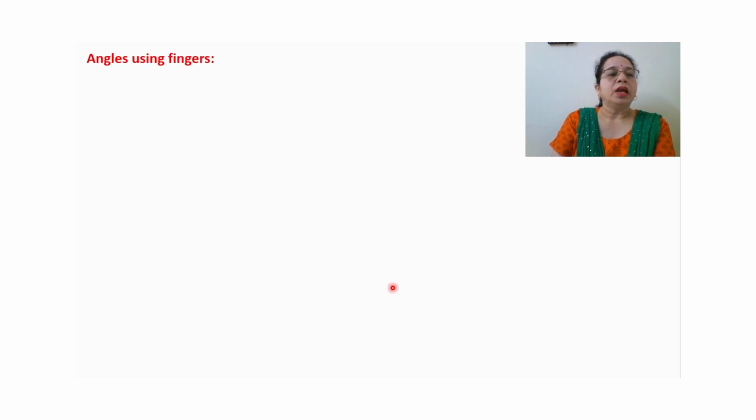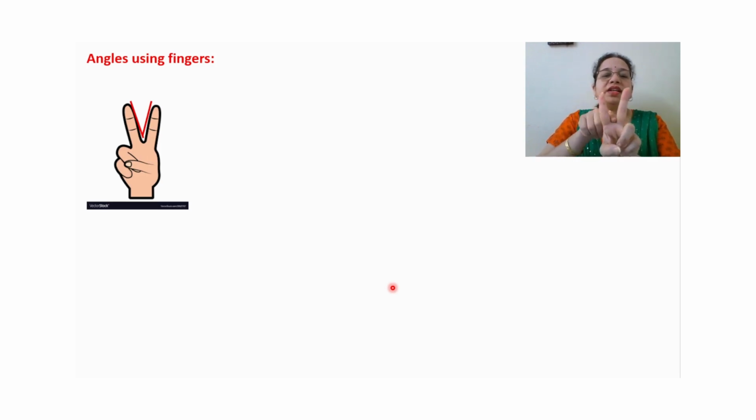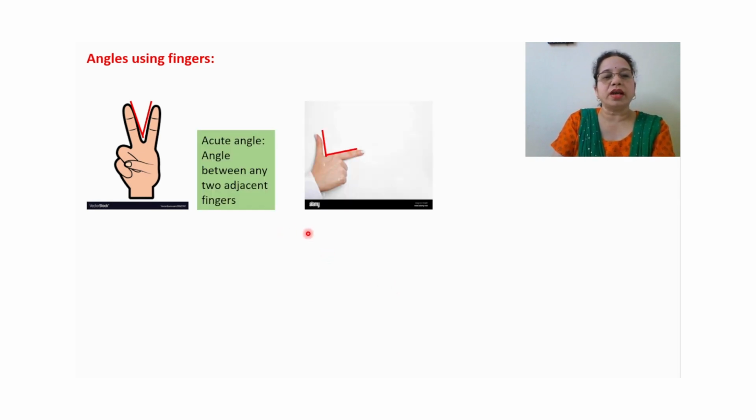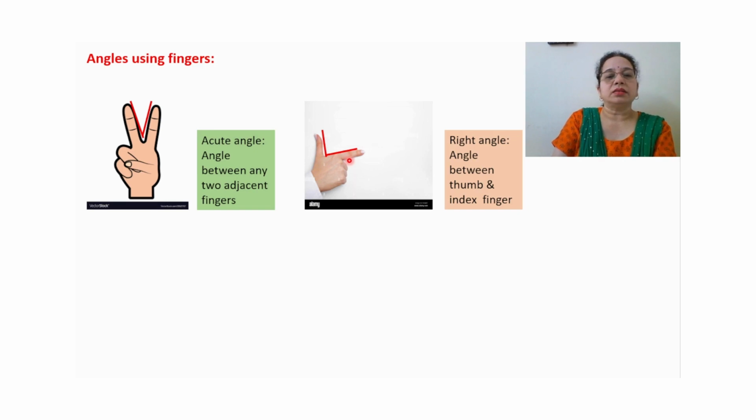Angles using fingers, this is again a very important concept. The angle between any two adjacent fingers is known as an acute angle. The angle between thumb and index finger is known as a right angle.